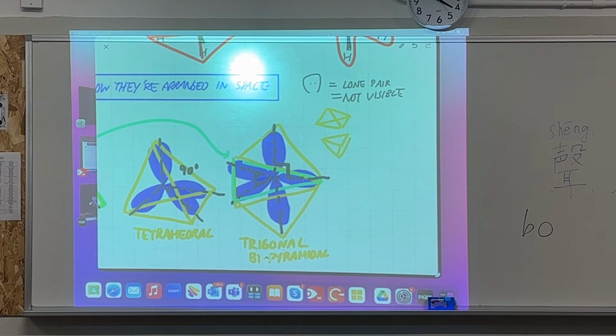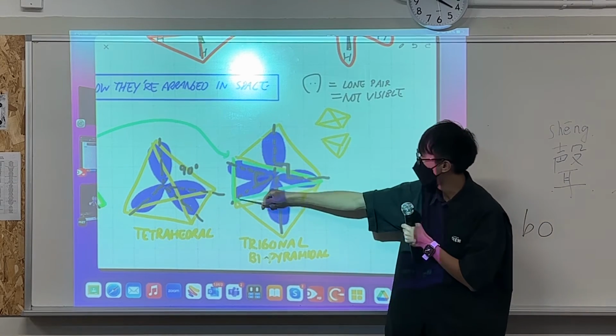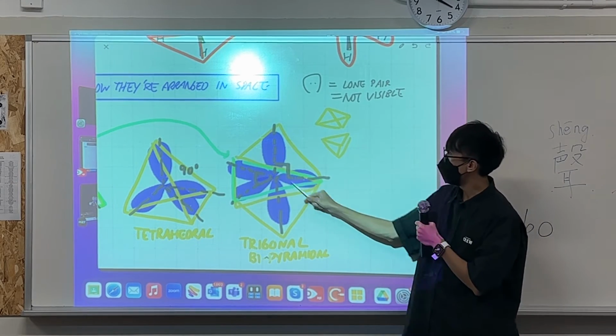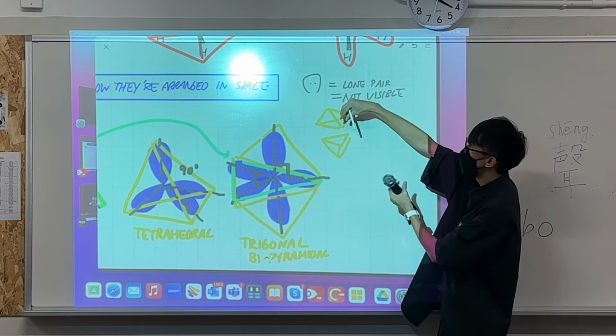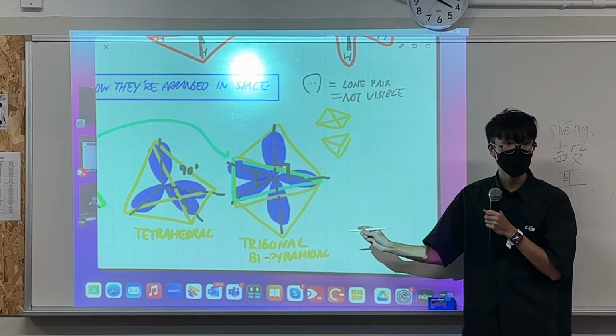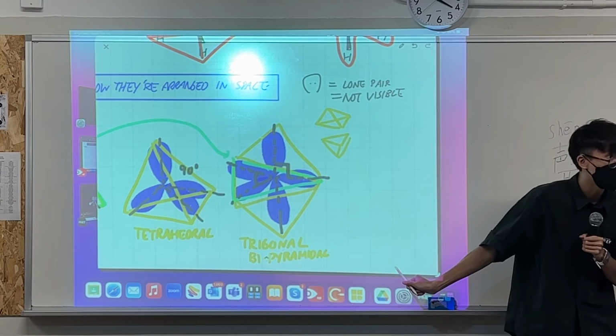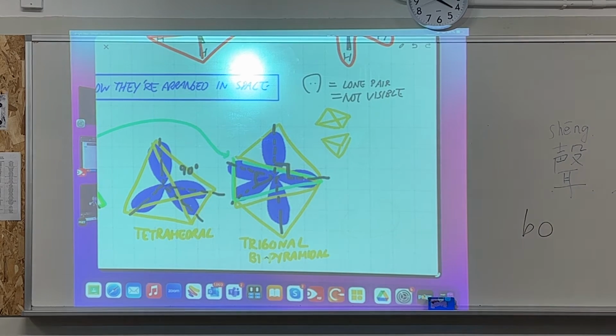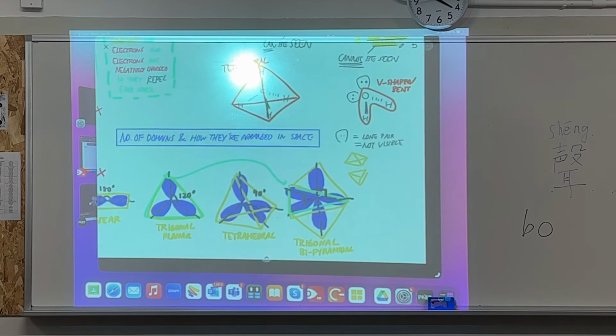That's what trigonal bipyramidal means, okay? So you have 1 pyramid on top, this part forms the top pyramid, this part forms the bottom pyramid. When you stick these 2 pyramids end to end, you glue them at the bases. This is the shape, called trigonal bipyramidal. Okay, you need to remember these yellow words, they will appear in the exam.